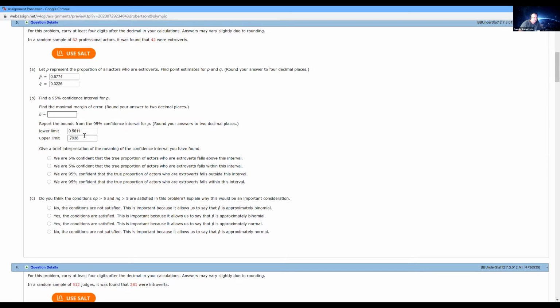I'm typing in 0.7938, and I'm going to subtract 0.5611, and then I'm dividing that by 2, and I'm getting, to 4 decimal places, 0.1164.